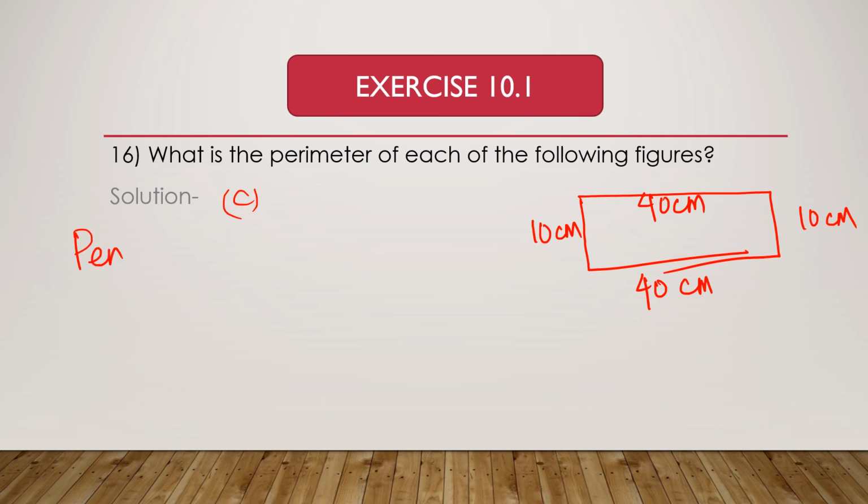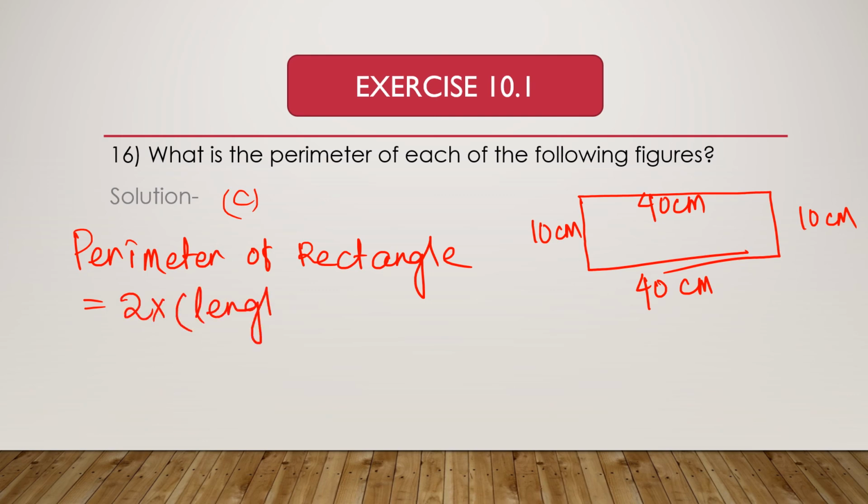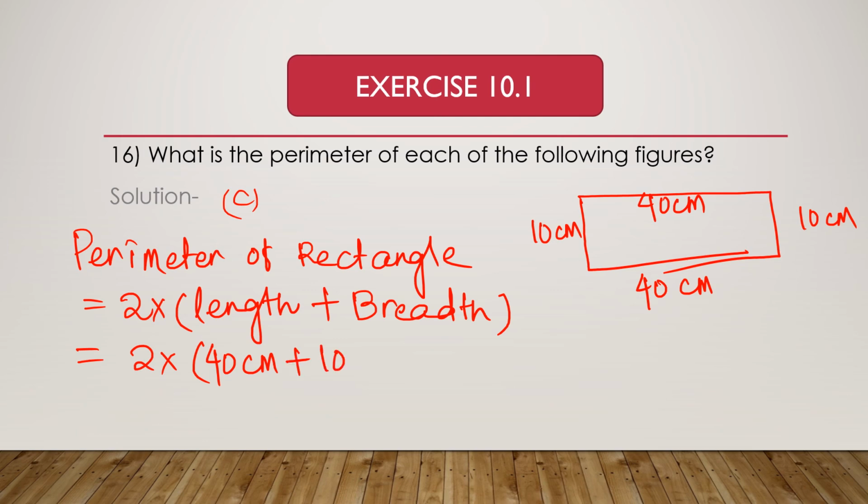We know the perimeter of the rectangle is 2 multiplied with length plus breadth. 2 multiplied with length 40 centimeter plus 10 centimeter. 2 multiplied with 50 centimeter, which is equal to 100 centimeter.